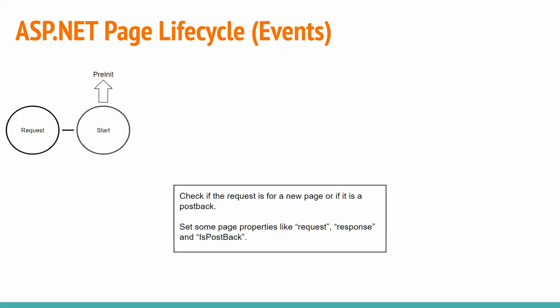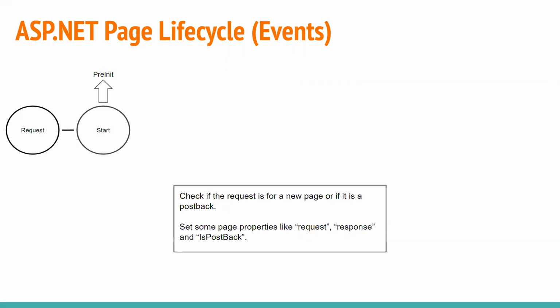As you have seen before, we can link certain methods to that event, so that when the event occurs, those methods run. If you have some code that must modify page properties, or some code that must run before page properties are set, then you would link it to the pre-init event. There are some other events that we'll discuss in a bit.